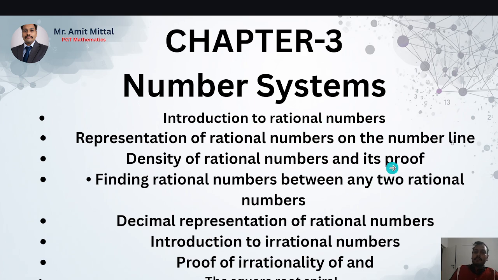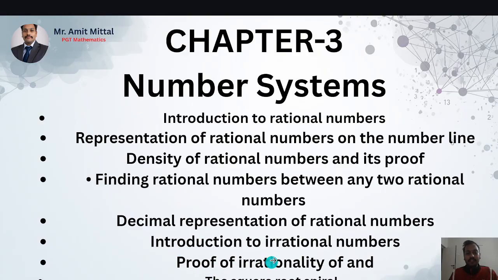Then we will discuss the density of rational numbers, that if you take any two rational numbers, you can find infinitely many rational numbers in between them, and we will learn different methods of doing it. And then there is a topic which is currently also present: if I represent a rational number in decimal form, then there is a pattern here, whether the decimal will terminate or not terminate, and when it will start to repeat.